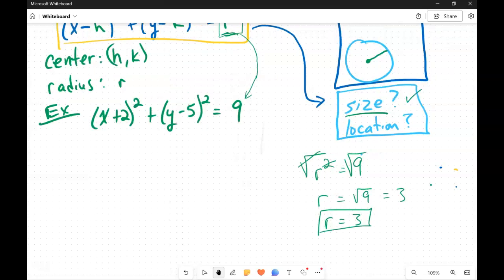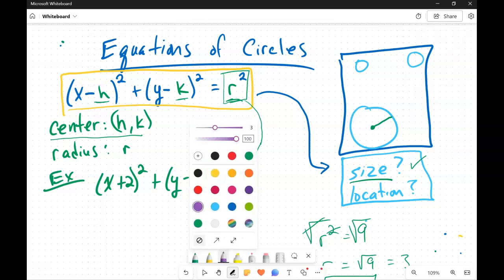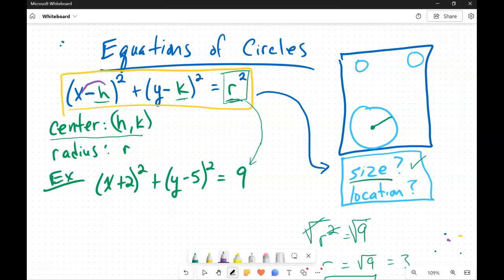The location comes from the center, which is these two numbers here. One thing also to take note of in this example is that this h has a negative in front of it, or a minus sign, yet when it comes out as the center, it's a positive h. Likewise, the k had a minus in front, but it came out as a positive k.